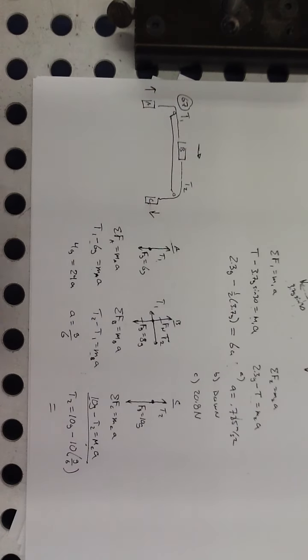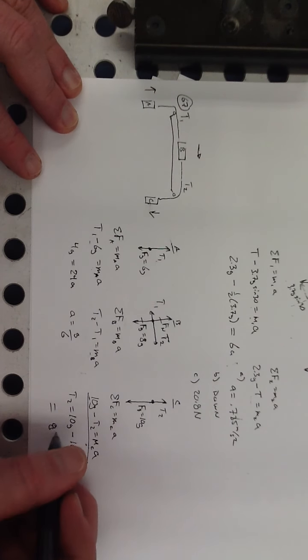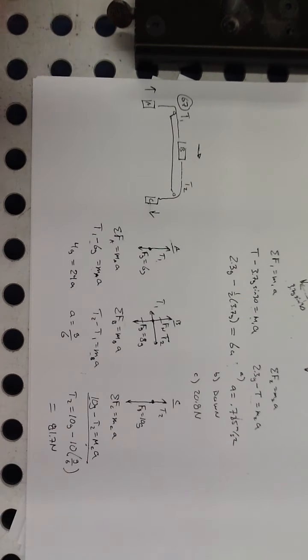So T2 is, let's see, 10 times 5/6 of G. Is that 81.7 newtons. And there you go.